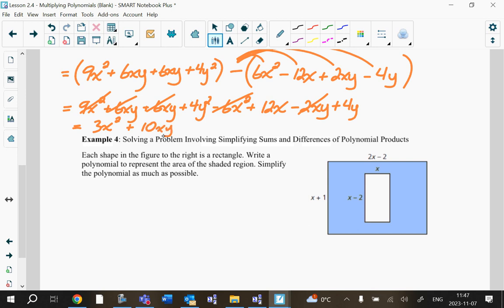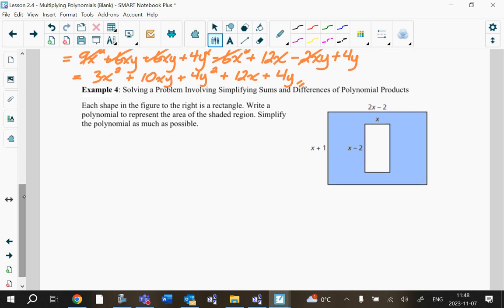And doesn't look like there's anything else to combine. They're all by themselves. So plus 4y squared plus 12x plus 4y. Question? Or no, just stretching. Okay.